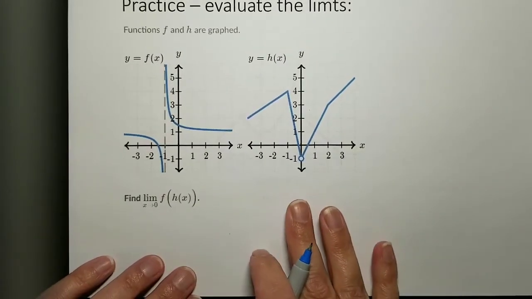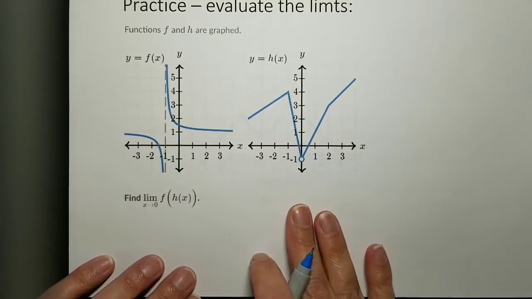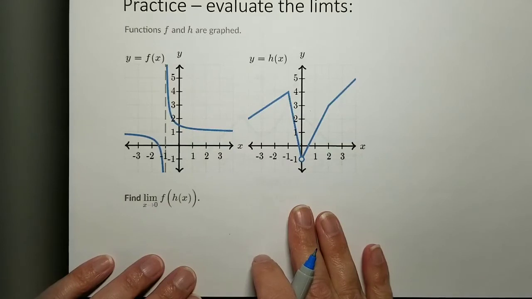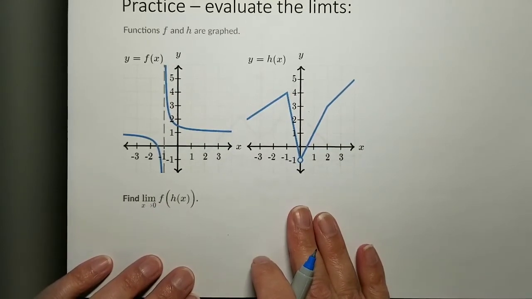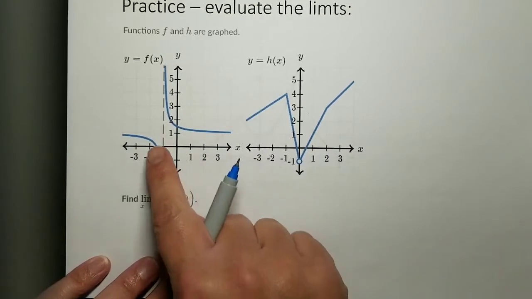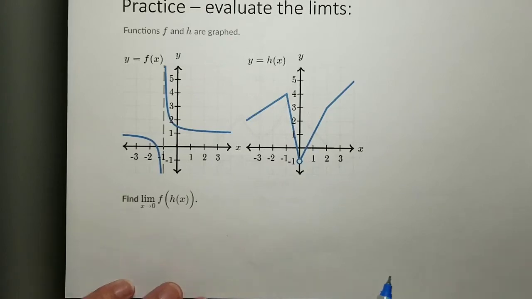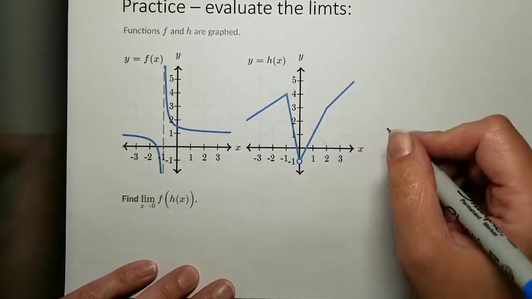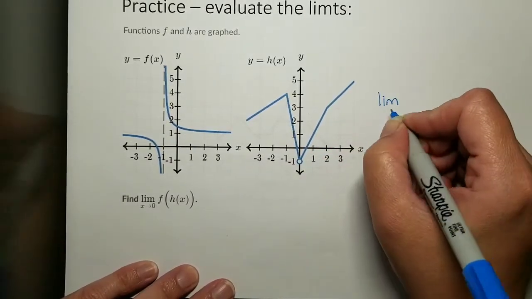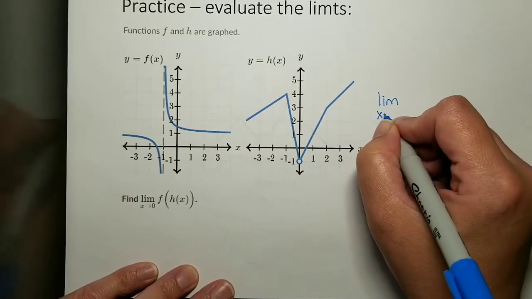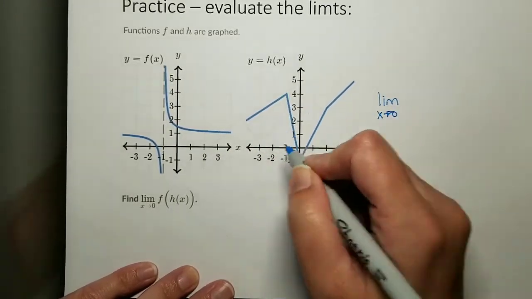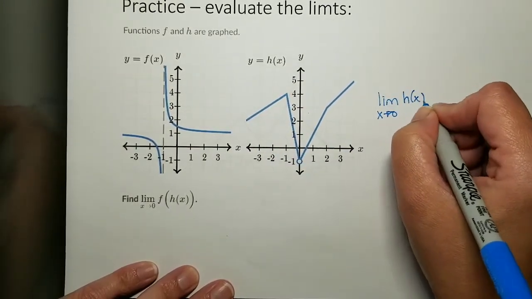Now let's take a look at this one. Here we have the limit as x approaches 0 of f at h at x. So here's my f function, here's my h function. Okay, so we want to evaluate the limit as x approaches 0 of the inner function, h at x.